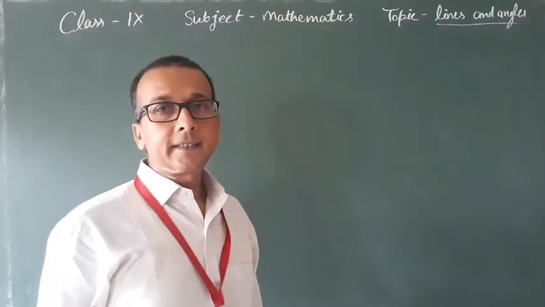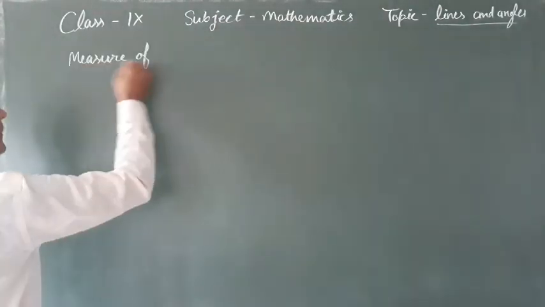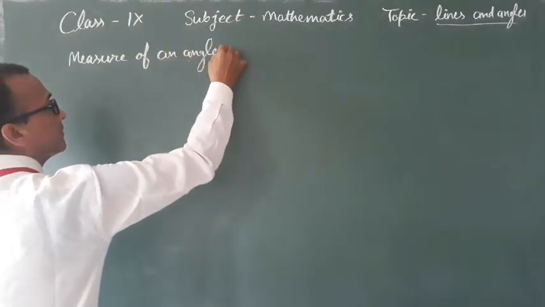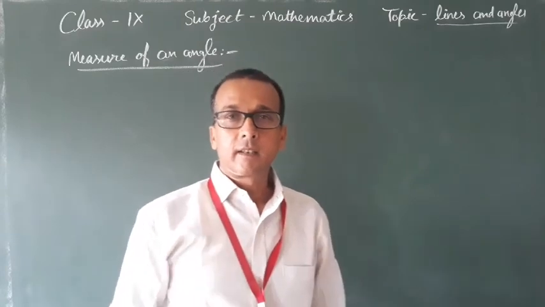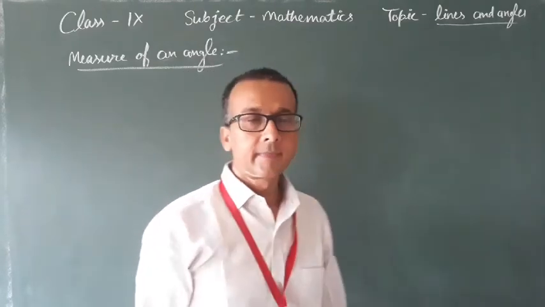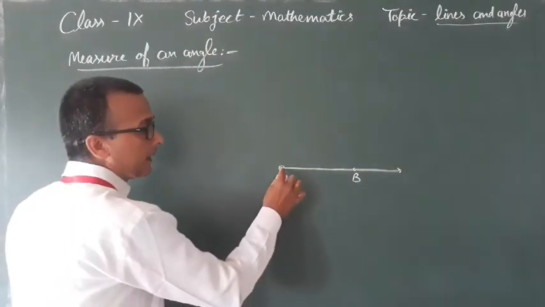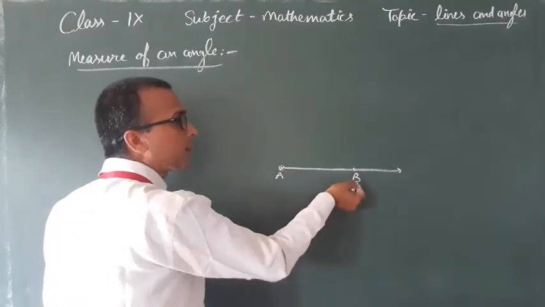Our next topic is how do we measure an angle. Measure of an angle. As we have discussed, angle is the rotation of a ray. Assume a ray AB and rotate it.